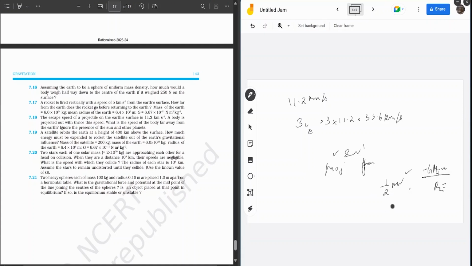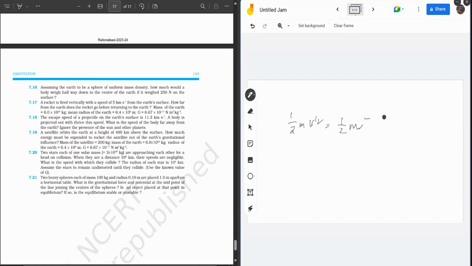Far away, we get half m v dash square, and gravitational potential energy becomes 0. Now using the law of conservation of energy, we will be getting half m v dash square is equal to half m v square minus G Me m by Re.